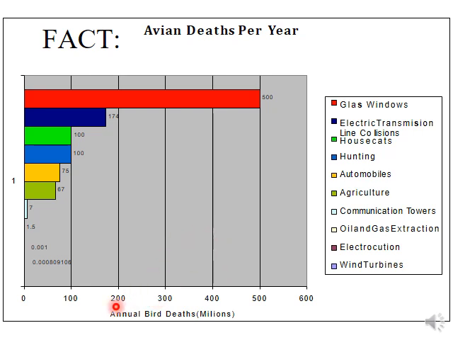One key parameter is that, since the wind turbine has movable blades, there is a chance of some birds striking the blades. Here the annual bird death is compared with other types of incidents that cause bird deaths: glass windows, electric transmission line collisions, house cats hunting, automobiles, agriculture, communication towers, and so on.